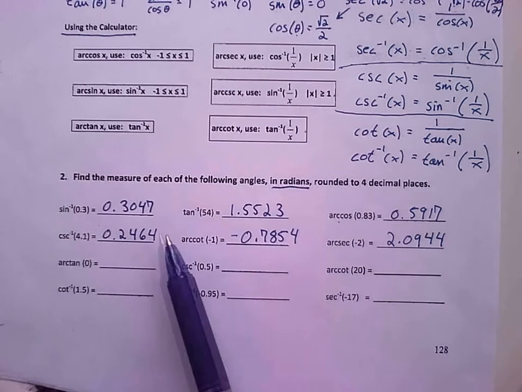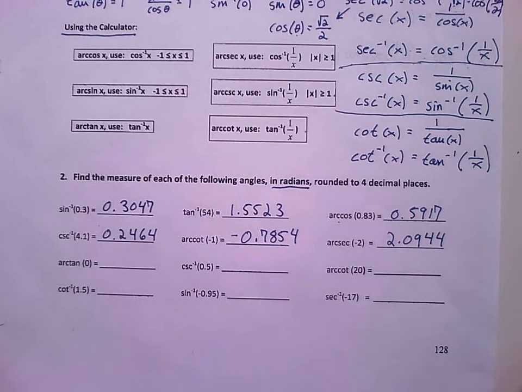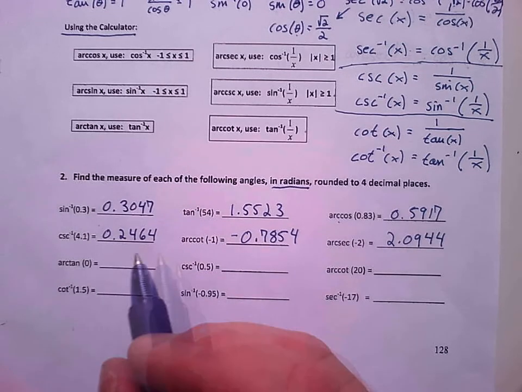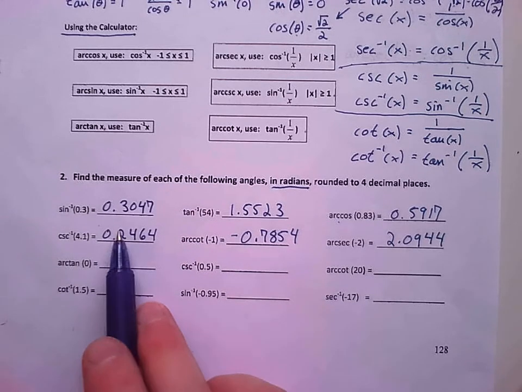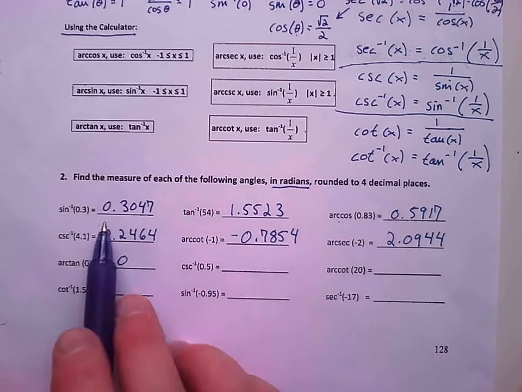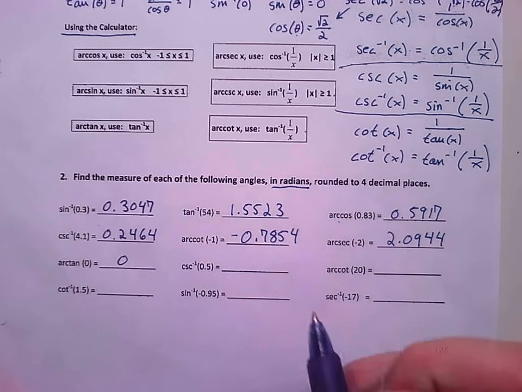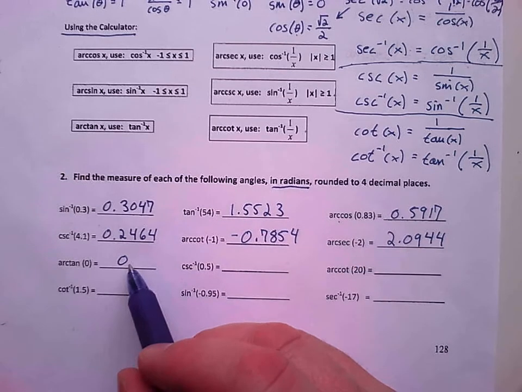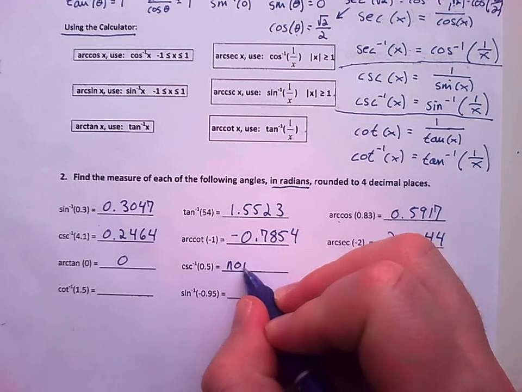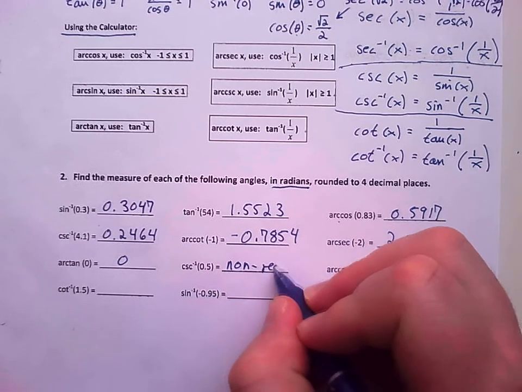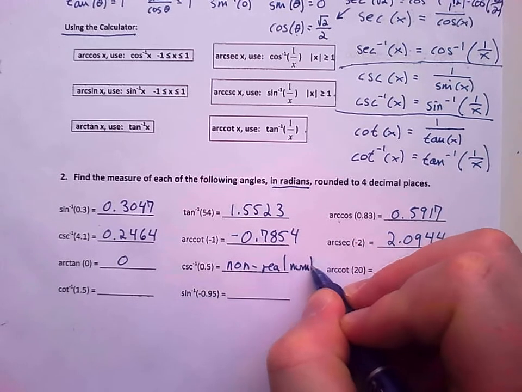I'm hoping that these couple of them are giving you an idea of how to use your calculator. Like I said, for these next couple I'm going to tell you the answers, and I'm hoping that you'll be able to get them if you use the same technique that we did for these first 6. Here for this one, we're going to get 0. For this one, it's going to give you an error because the answer is a non-real number.